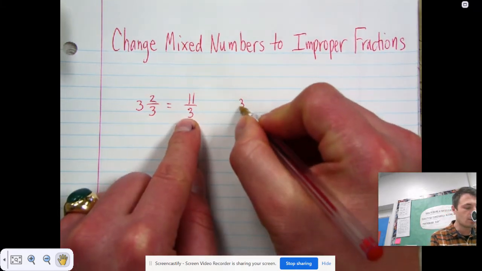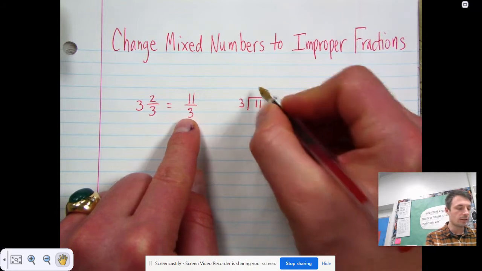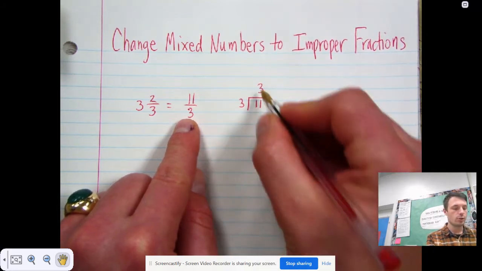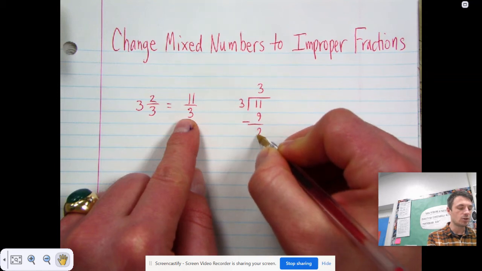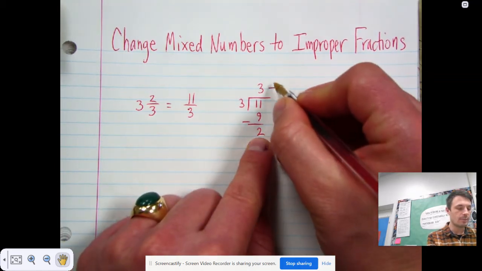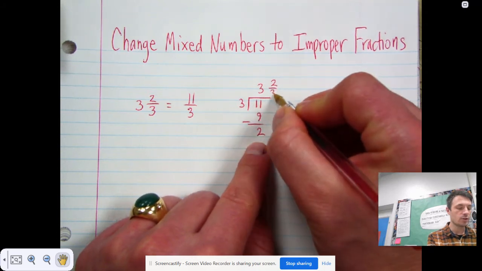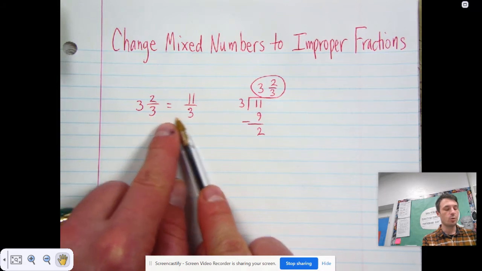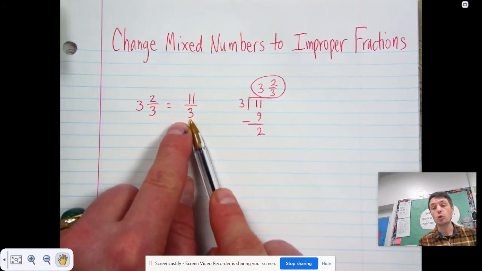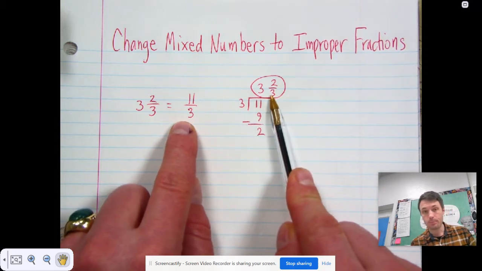You divide the denominator into the numerator. 3 can fit into 11 3 times. 3 times 3 is 9. 11 minus 9 is 2. Whatever your remainder is, that becomes your numerator. And whatever your divisor is, that's your denominator. So that's how you change a mixed number to an improper fraction, and we also just reviewed how to change an improper fraction back to a mixed number.